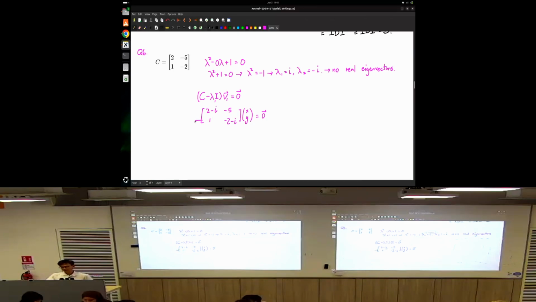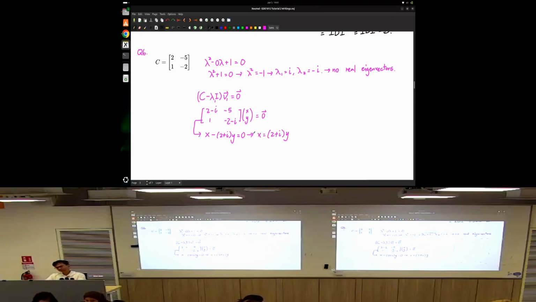So the second row gives me x, then minus 2 plus i times y equals 0, the bottom 0 in the 0 vector. Factorizing out the minus, it becomes x minus (2 plus i) times y equals 0. So I can say that x equals (2 plus i) y.